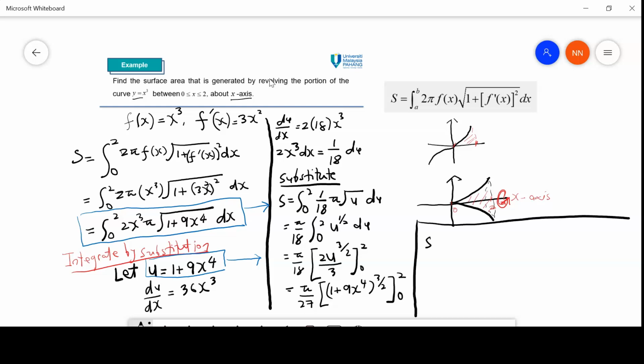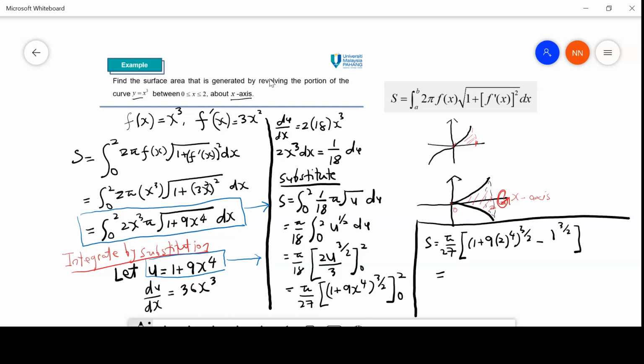So S equals pi over 27. Substitute the limit. 1 plus 9 times 2 power 4, power 3 over 2, minus, at 0, everything is 0. So you're left with 1 only. 1 power 3 over 2 is also 1. Okay.